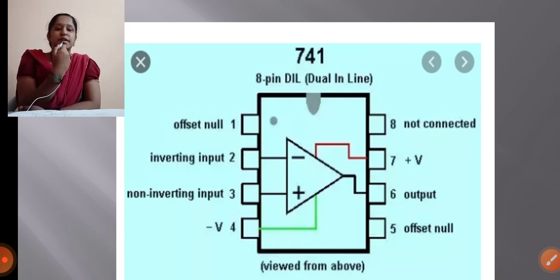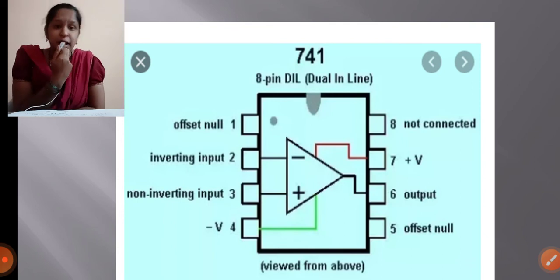Have you observed in this pin configuration, 1 and 5 are the offset null, right? Offset null means what?